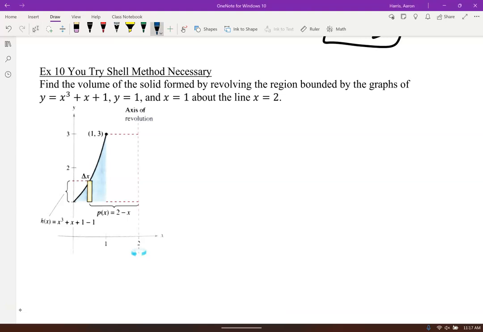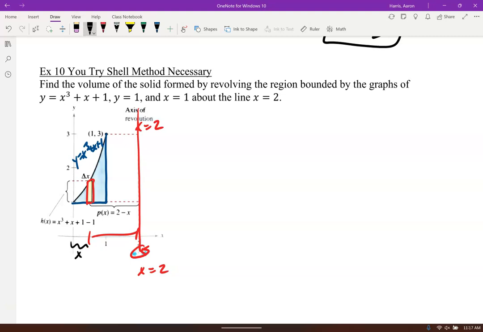So here we've got our curve, y equals x cubed plus x plus 1. It's bounded with x being 1. It's also bounded with y being 1, but it's revolving about the vertical line x being 2. We cut this parallel to that, but our radius, remember this is x being 2, is 2 minus x.